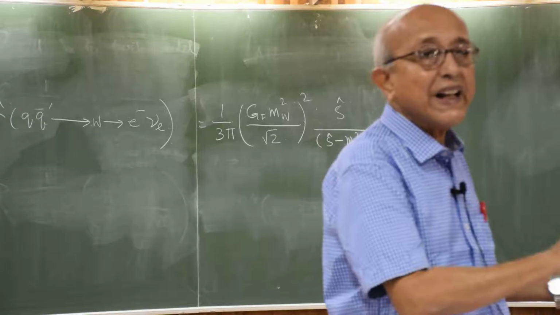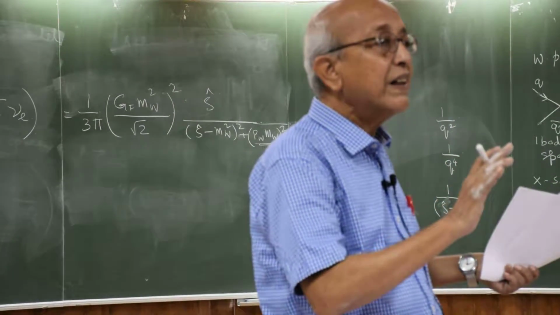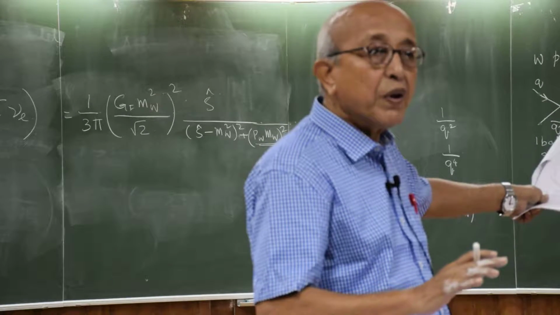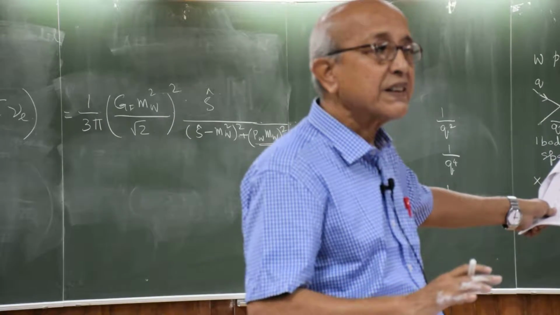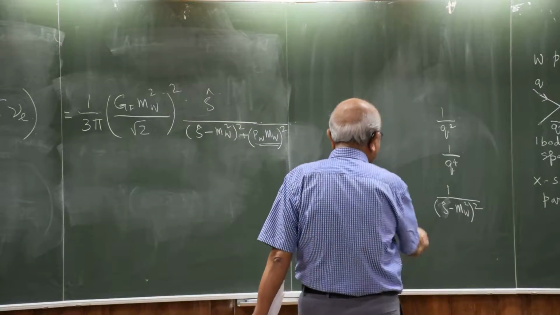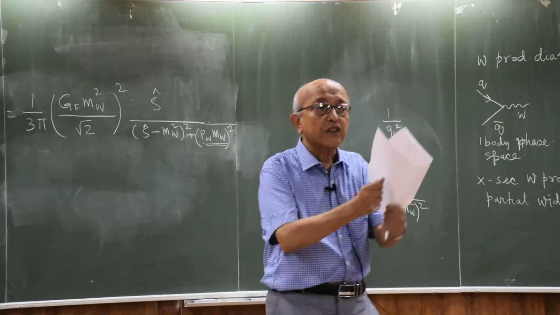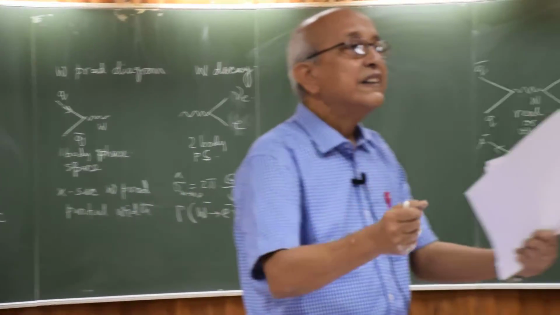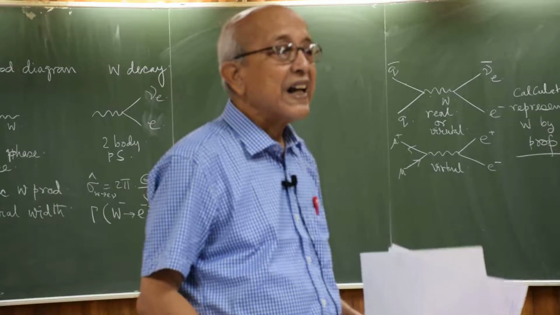Now before I tell that, let me simply tell you that if the gamma W MW was not there, do you see the catastrophe that would take place? Because in the denominator we have s hat, which in the parton model is a variable. The energy of the two quarks is changing depending on which fraction of the proton momentum they are carrying.